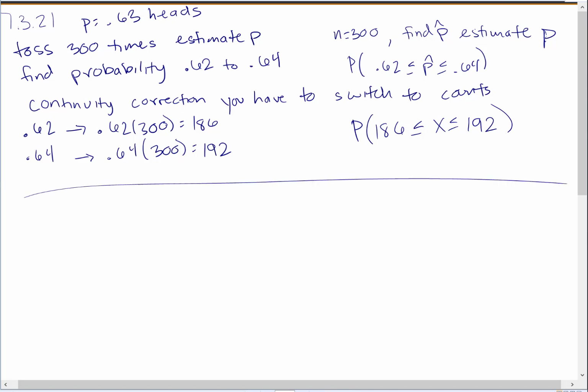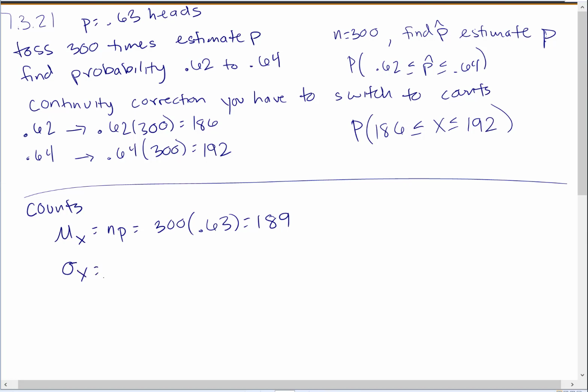Okay, now if you want to find probabilities for anything with a normal distribution, and we know our normal distribution can approximate counts and proportions, you have to find your new means and standard deviations. So for counts, you have a new mean, mu sub x for counts, is equal to n times p. So in our case, 300 times the true probability, which is 0.63. So the expected value of heads would be 189.